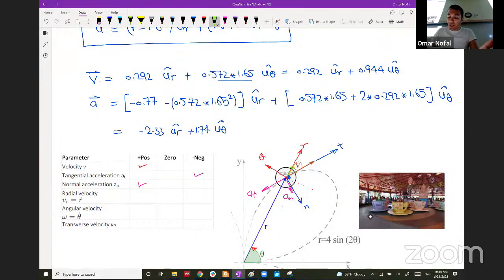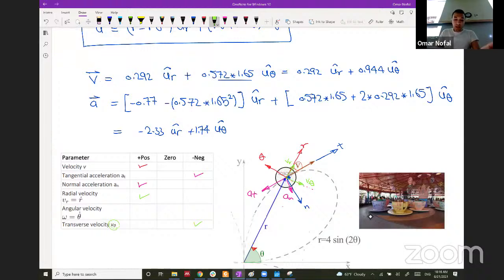It should be in this direction, and v theta will be in this direction, because the v vector is in between the positive r and the negative theta. So here's how vr looks, and this is how v theta looks. Based on this, you will find that the radial velocity is positive, and the transverse velocity v theta is negative, because it's in the negative direction of theta.